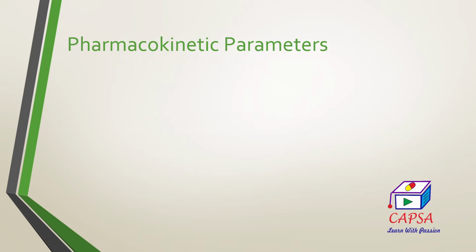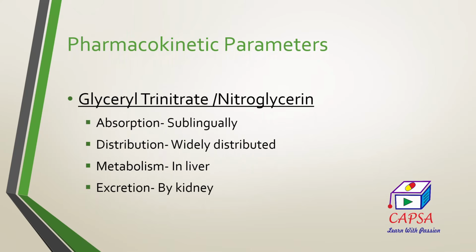So, what are the pharmacokinetic parameters of these drugs? Glyceryl trinitrate, also known as GTN or nitroglycerin, is absorbed sublingually through the mucous membrane. Okay. It is distributed widely in the body with an apparent volume of distribution of 200 liters in adults.